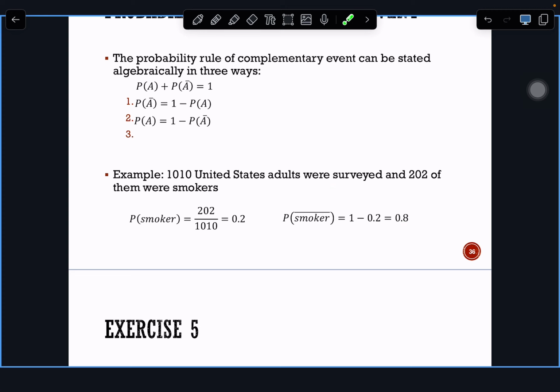What is the second way to get 0.8? This one is the first way, correct. This one is not wrong. What is the second way to get 0.8?